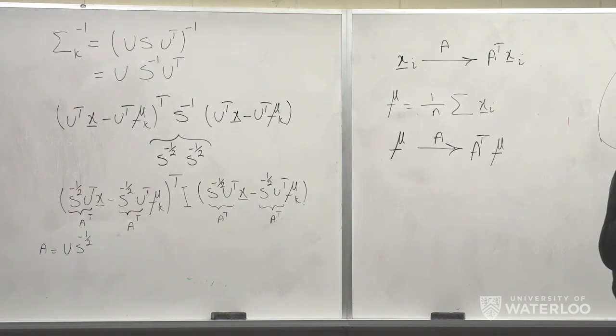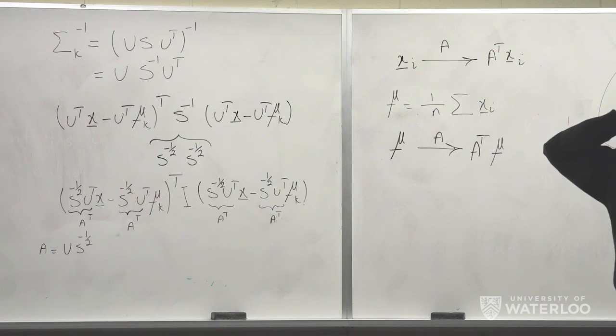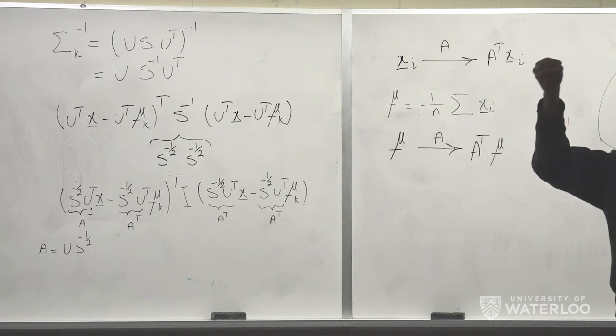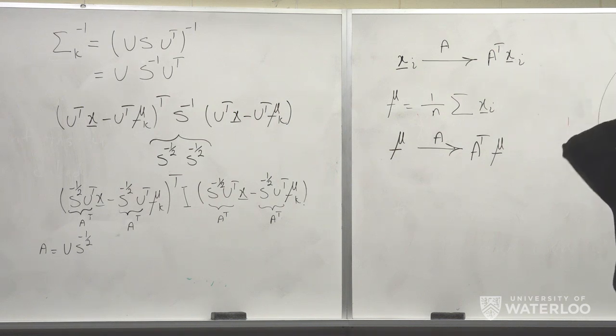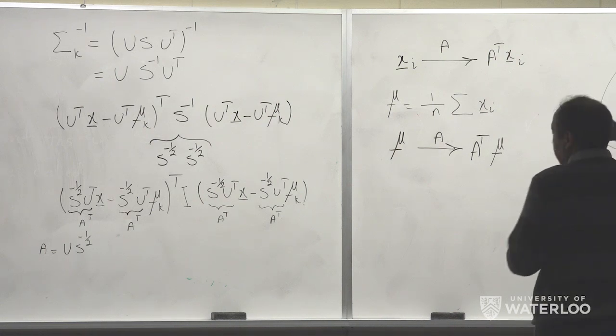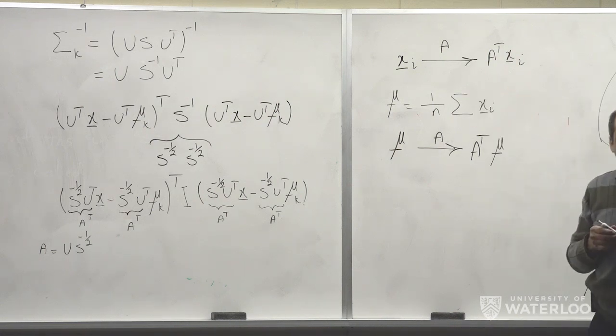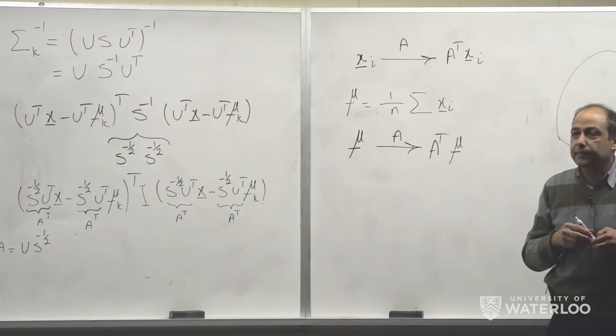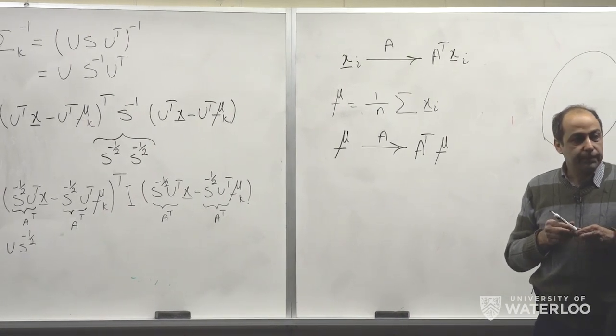Okay? So this gives you an intuition of what LDA and QDA are doing geometrically. And it might also be useful for computation when you're implementing these techniques. Any question?